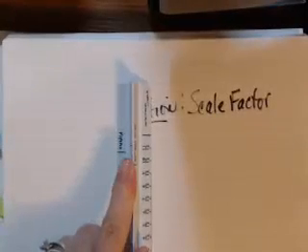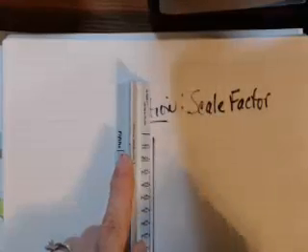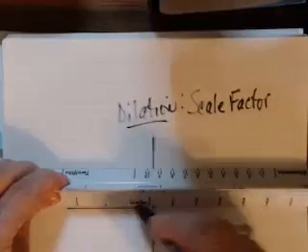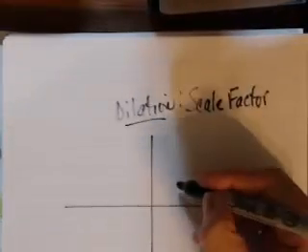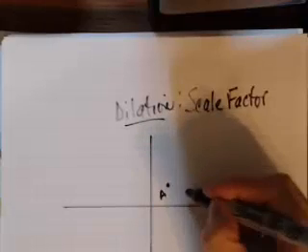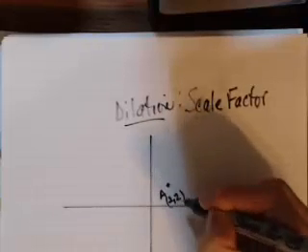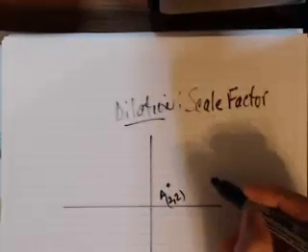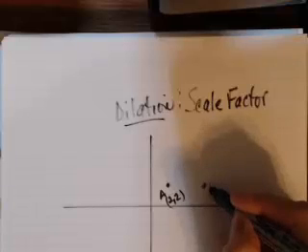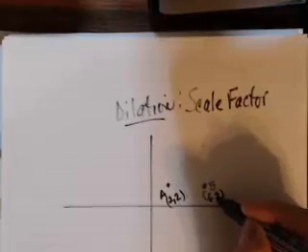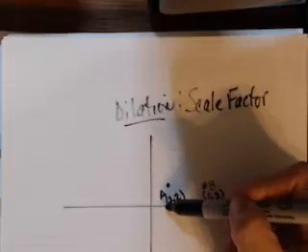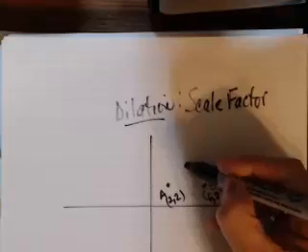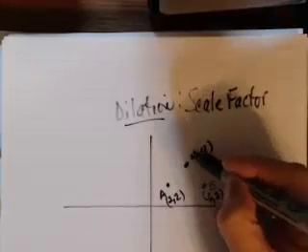So let's say that you are given ordered pairs, 2, 2, 6, 2, 4, 4.